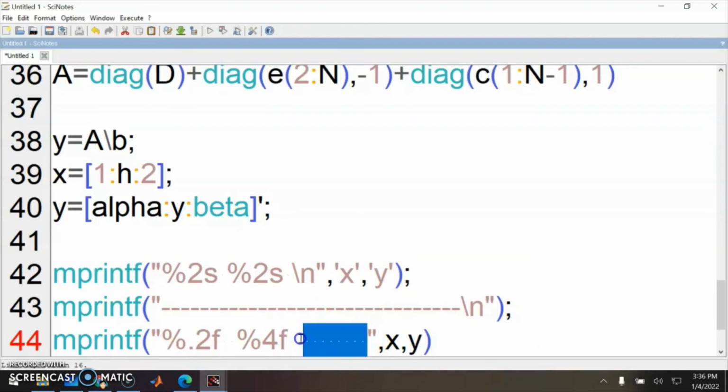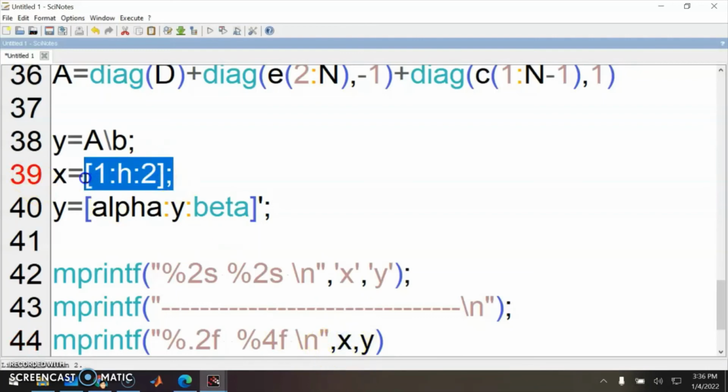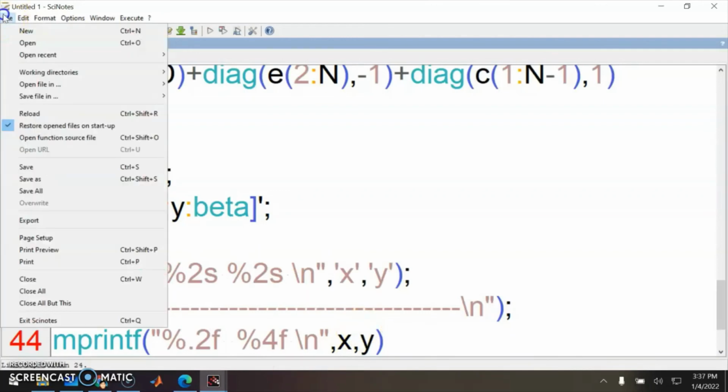So this is how I can create a simple table in Scilab, with \n for new line. Okay, do I need to give it more vector? If you look at that, this will give me a column vector, right? So I don't know whether I need to transpose or not. We'll just find out as we run this code.